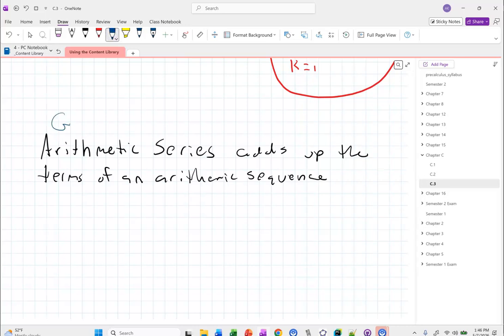And then we would say the same thing about a geometric series, it's just adding up the terms from a geometric sequence. So I'm not going to write the same definition there twice with two different words changed. Is that okay with everybody?